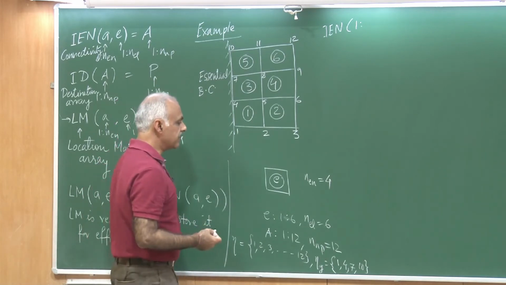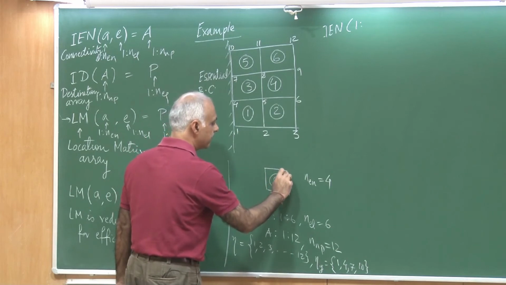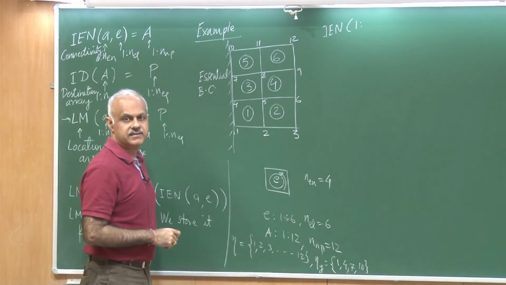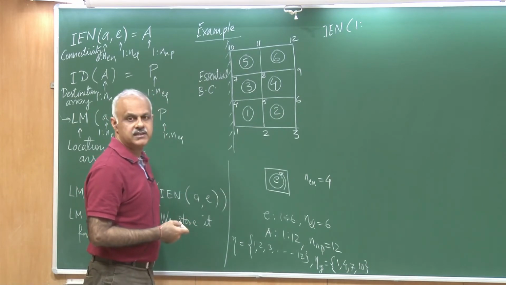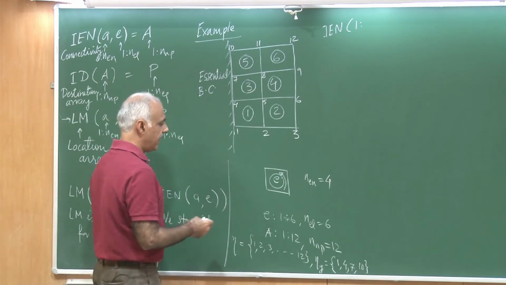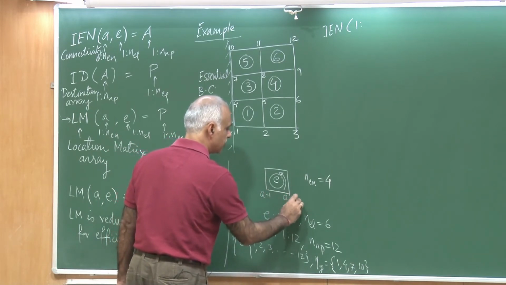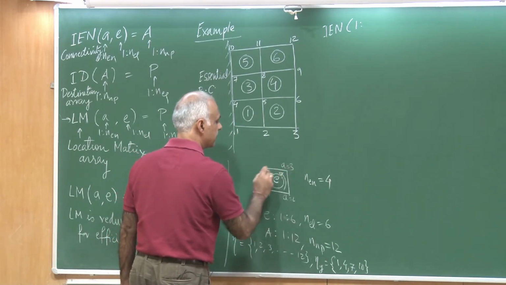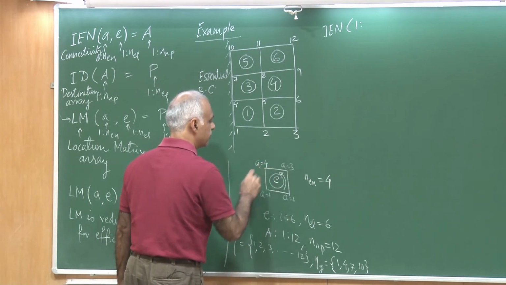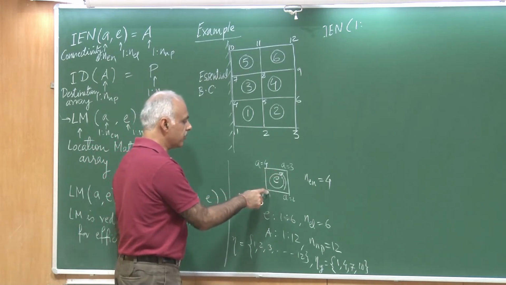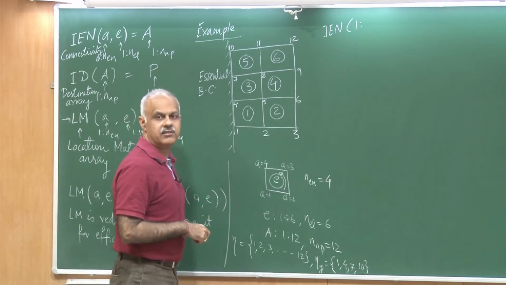Let me adopt a convention that I will number the nodes in a counterclockwise direction. This is a convention I will follow just for convenience. And let me start by saying that this is A equal to 1, this is A equal to 2, this is A equal to 3, and this is A equal to 4. So, each element has 4 local nodes, and this is the convention I will follow.